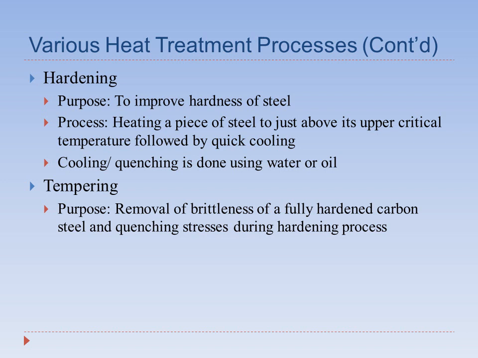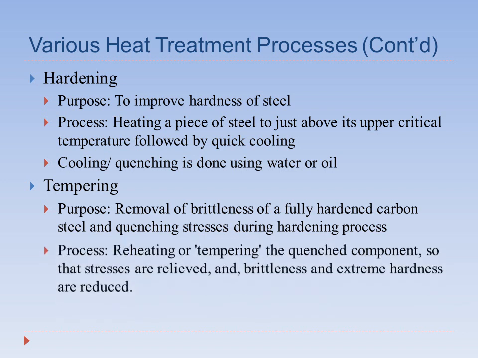And for removal of this brittleness of a fully hardened carbon steel, and there are some quenching stresses also during this hardening process, its removal is done by using this process of tempering. So the aim of tempering is to remove brittleness and quenching stresses that we got during the hardening process.